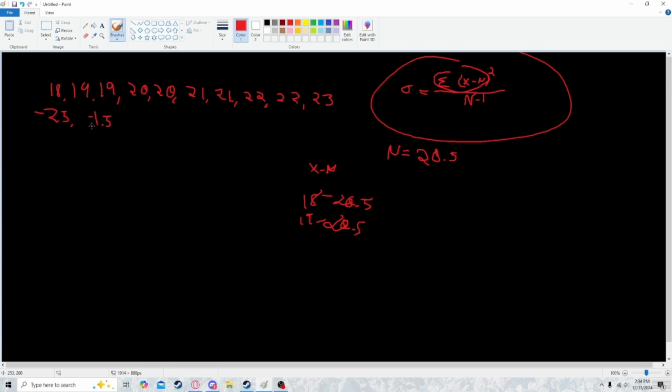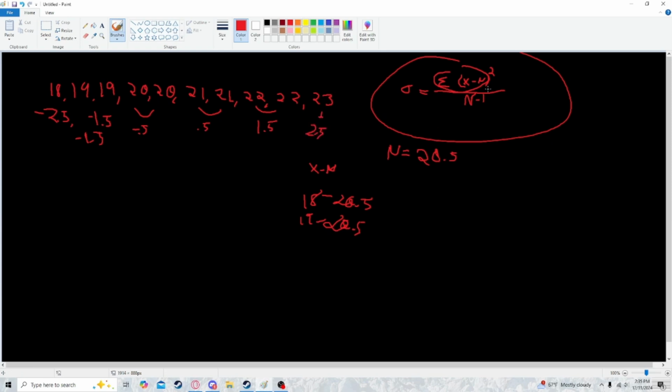There's two of those. We'll remember that. And you're going to do each of these one by one. I already have done them all, so I'll go ahead and write that this is negative 0.5. These two are 0.5, because these are the same numbers. This is 1.5. And this one is 2.5.